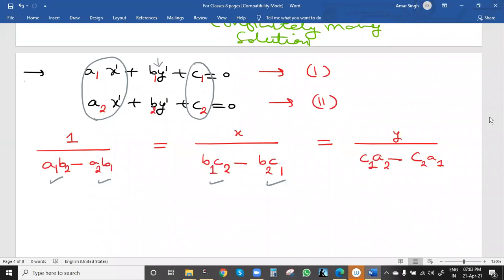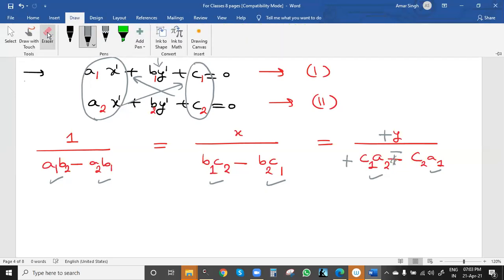Suppose you want to follow from the right-hand side, we'll put a minus sign, then in the same manner start from the right: a1 c2, so plus a1 c2, and then minus of the left crossing, minus a2 c1. And if you remove this minus sign, this becomes plus and this becomes minus. Same thing.